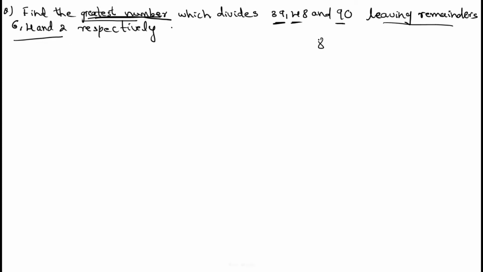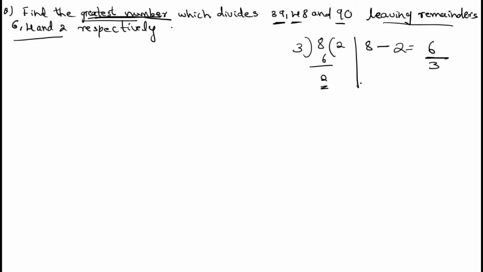Suppose take number 8 and divide it by 3. 3 2s are 6, and 2 is remaining. Now I am taking 8 minus remainder, that is 8 minus 2 equal to 6, and this 6 is divisible by 3.